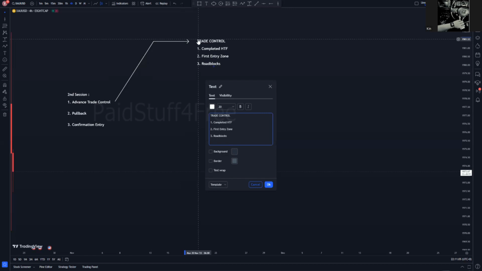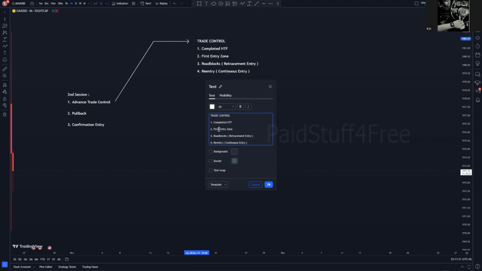Number 3 is roadblocks, which we call our retracement entry. And number 4, we're going to learn about re-entry, which is continuous entry. All right.